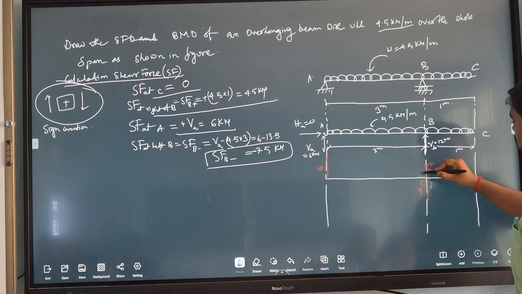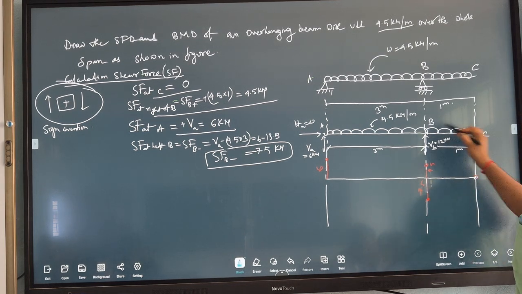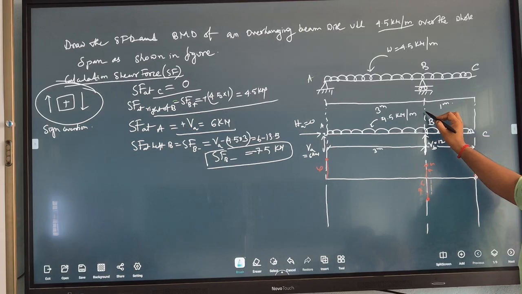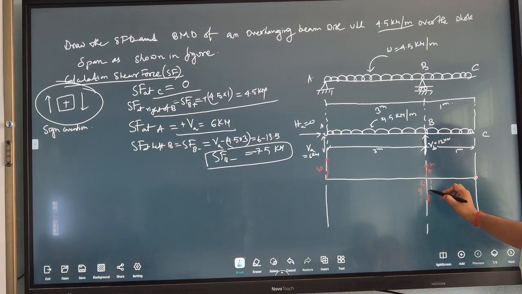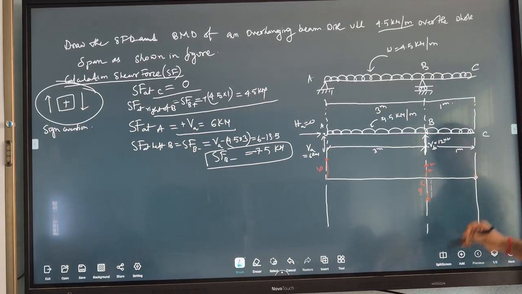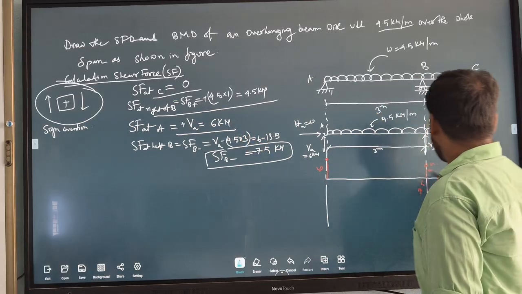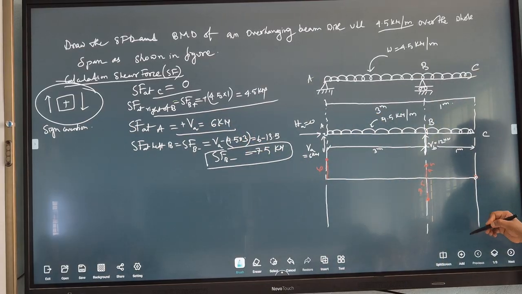Now how to draw the shear force diagram? First, we have to join C to the right of B, then from left of B to A. How to join C to the right of B, with a parabolic or a straight line?